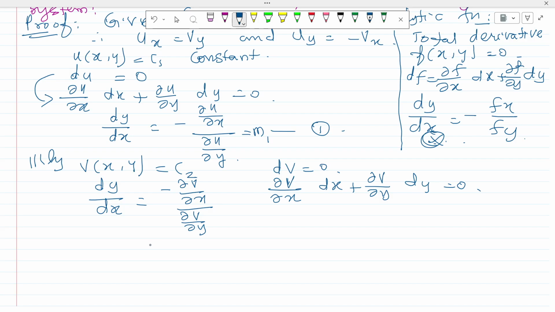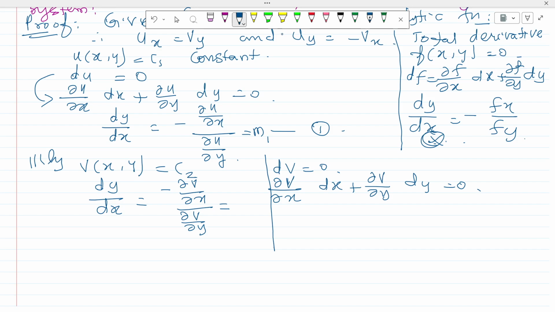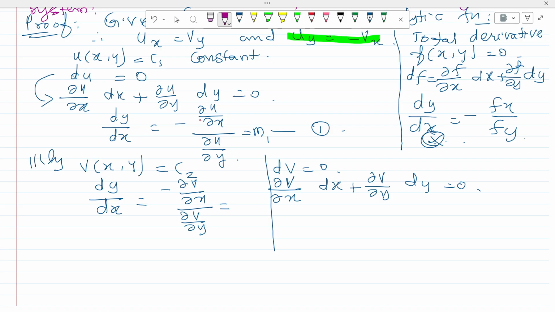Now listen, it satisfies the CR equations. We can write this equation now: Vx equal to what? See this, Vx equal to minus Uy. Then we can write minus, minus dou u by dou y divided by, from the second one, Ux equal to Vy.